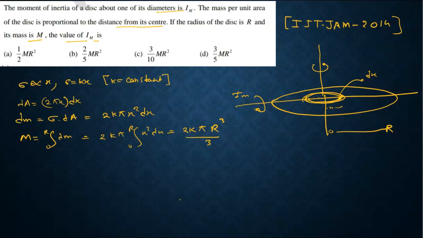Now we will find the moment of inertia of the elementary ring, that is dI equals dm x square, as the moment of inertia of a ring is m r square.